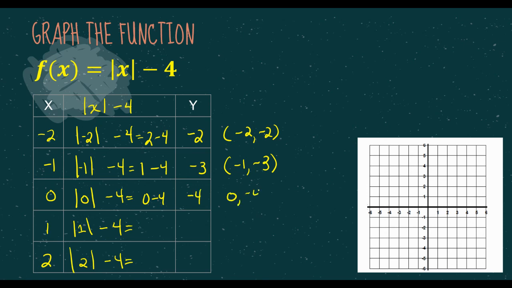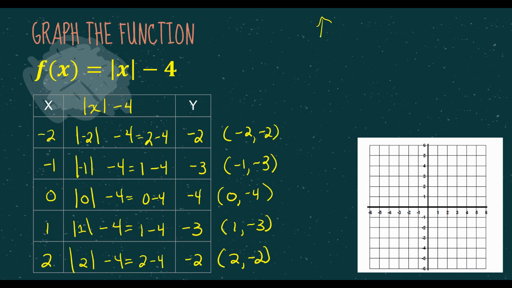So 0, -4. And the bottom one is absolute value of 1 is 1 minus 4. That would be -3. So 1, -3. And the last one, absolute value of 2 is 2 minus 4. That would be -2. This would be 2, -2.